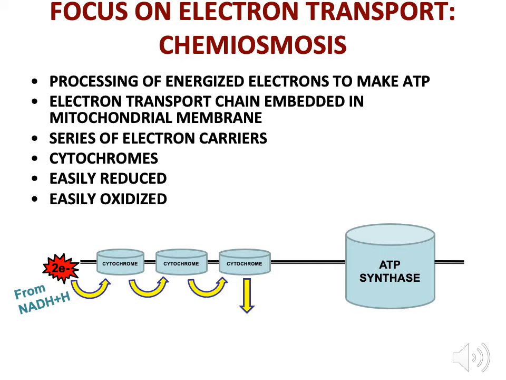I also want you to notice there are 3 small cylinders embedded in that inner mitochondrial membrane. Each one is called a cytochrome. Those are our electron carriers. Here, I need you to know that officially, electron carriers in an electron transport chain are molecules called cytochromes. And they easily gain electrons and they easily lose electrons.